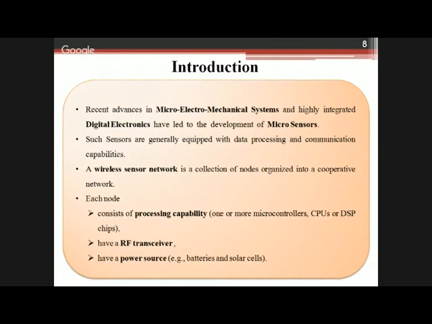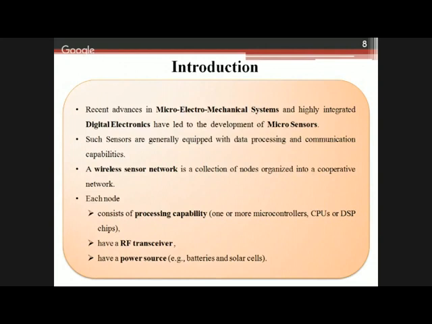And the most important thing, these sensors are equipped with data processing and communication abilities. Data processing, that's where the embedded system part is coming into the picture, because the data that I'm getting from the outside world has to be processed. And communication abilities means the data which we are getting is transmitted to the neighboring wireless sensor nodes. That's where the communication capabilities are coming into the picture.